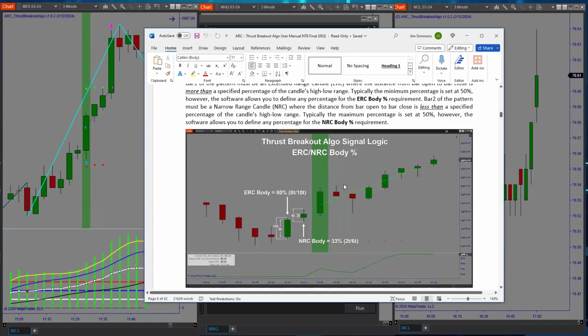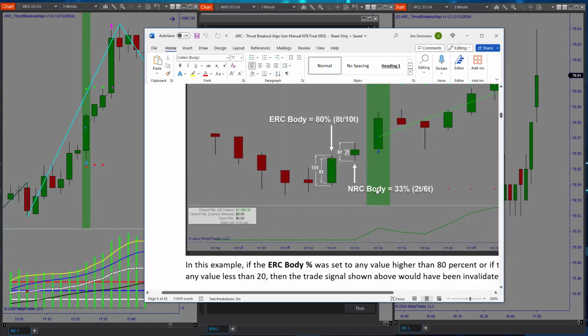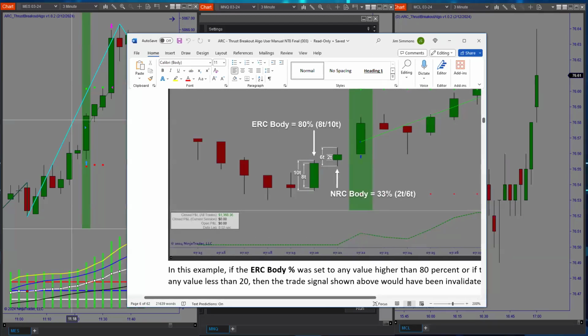If we go in here, there are a couple things we can look at. You can set how big you want the body to be in both candles, in the extended range and in the narrow range. With the extended range, let's highlight that one.